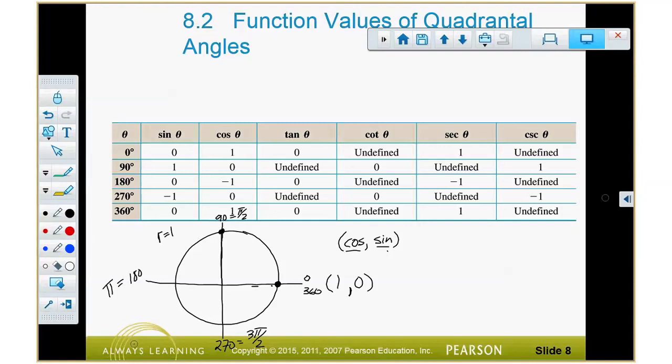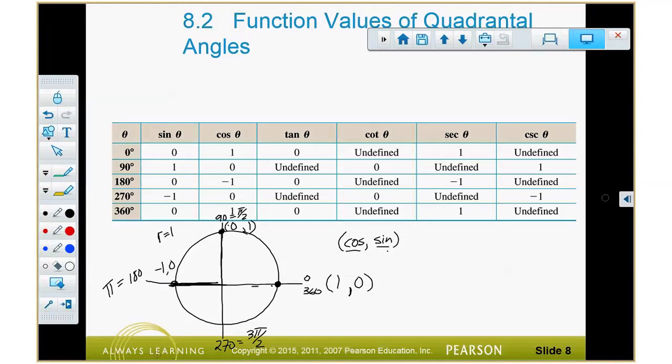1 in the y direction, but 0 in the what? Okay, so let's look at 90. 1 in the y direction, and 0 in the x direction. 180. What's going on here? Well, this x is what? -1, but the y is what?